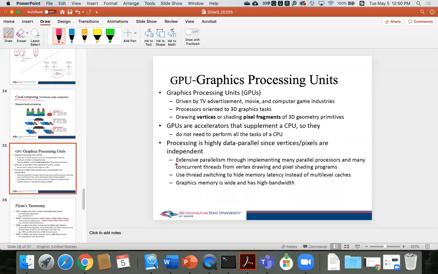And you could even have thread level parallelism. You could have instruction level parallelism, data level parallelism, and thread level parallelism implemented in one GPU. That's why it can be so efficient.